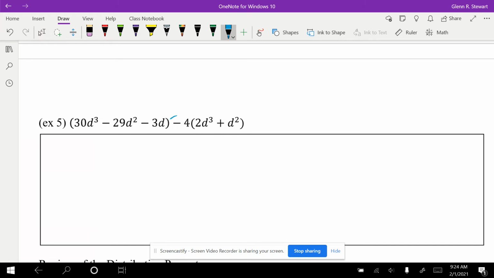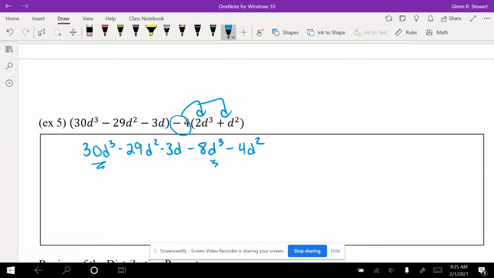Okay, in this case, we're going to take the whole negative 4 and distribute it to the back half. 30d cubed minus 29d squared minus 3d. Distribute, so negative 8d cubed minus 4d squared. And again, combining like terms here, this is going to give us 22d cubed.